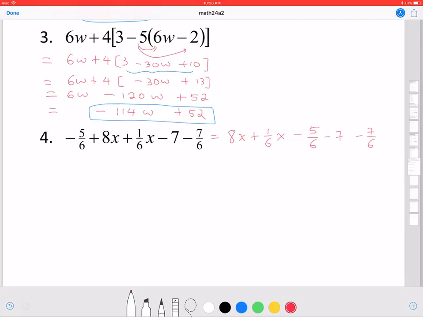I know some of you are probably tempted to write 8 and 1/6 as a mixed fraction, but when we are dealing with variables like this, we try not to write coefficients as mixed fractions. So I'm going to write this as 48 over 6x plus 1/6 x, and the constant terms also have an LCD of 6.